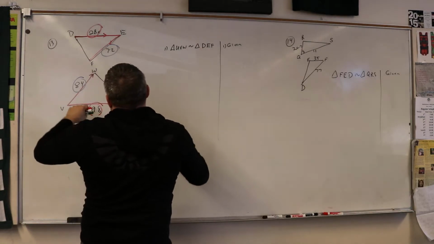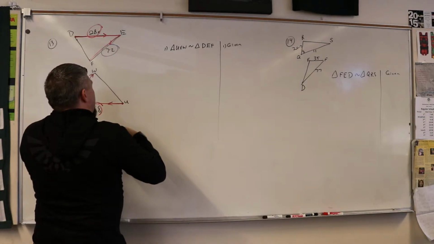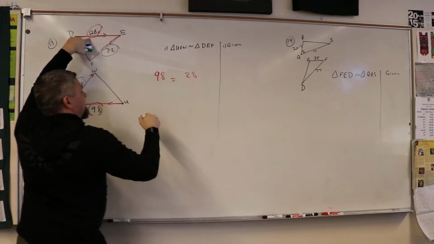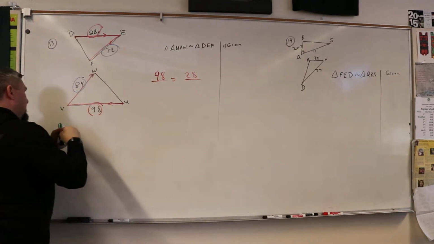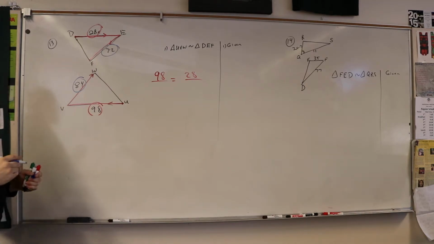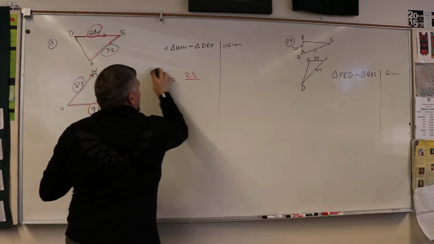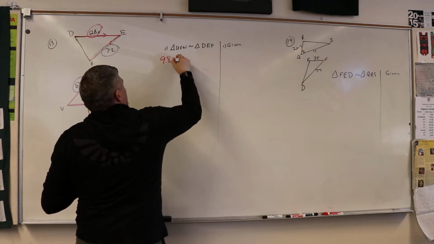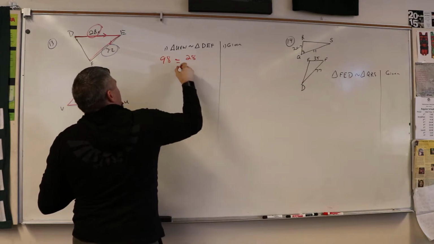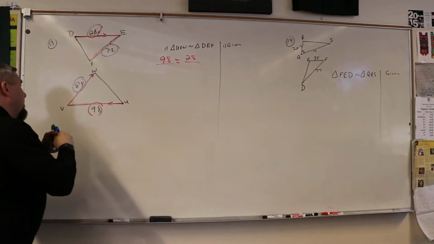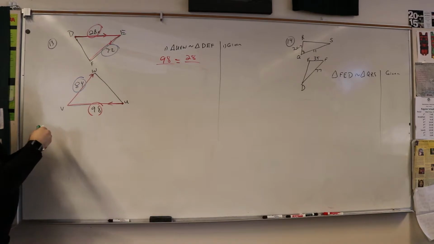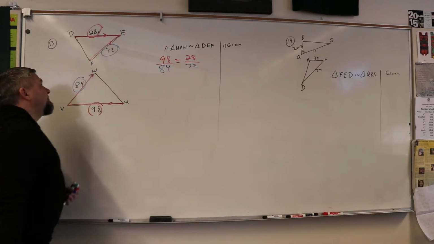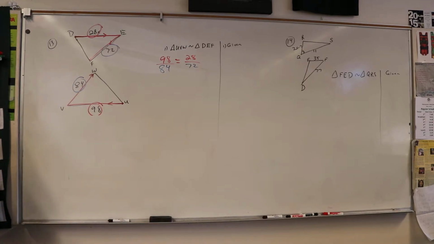So, on this triangle, we have the 98 is to the 28 as... Is that number 2? Yeah. So I should put it a little higher. Sorry. The 98 is to the 28 as the 84 is to the 72. Is that, do we put X up and not put by 28?